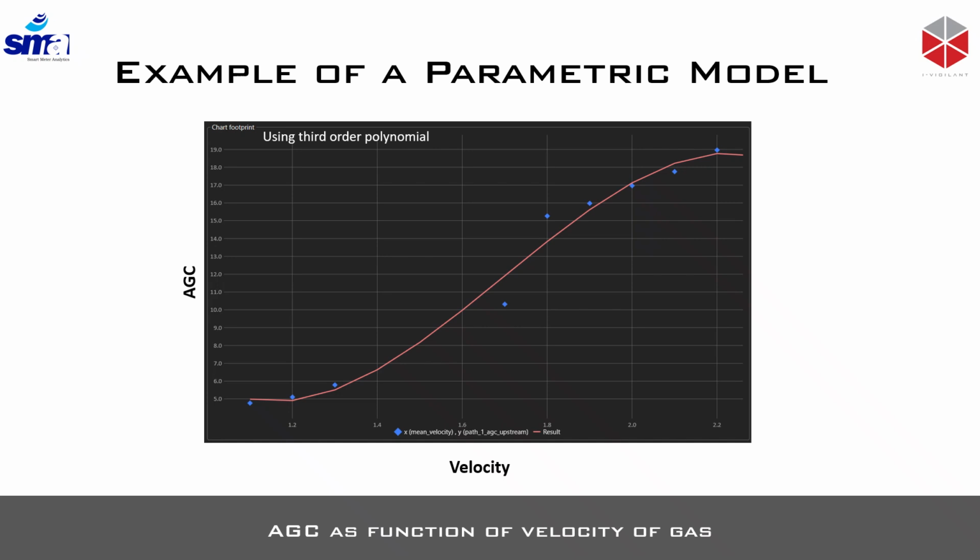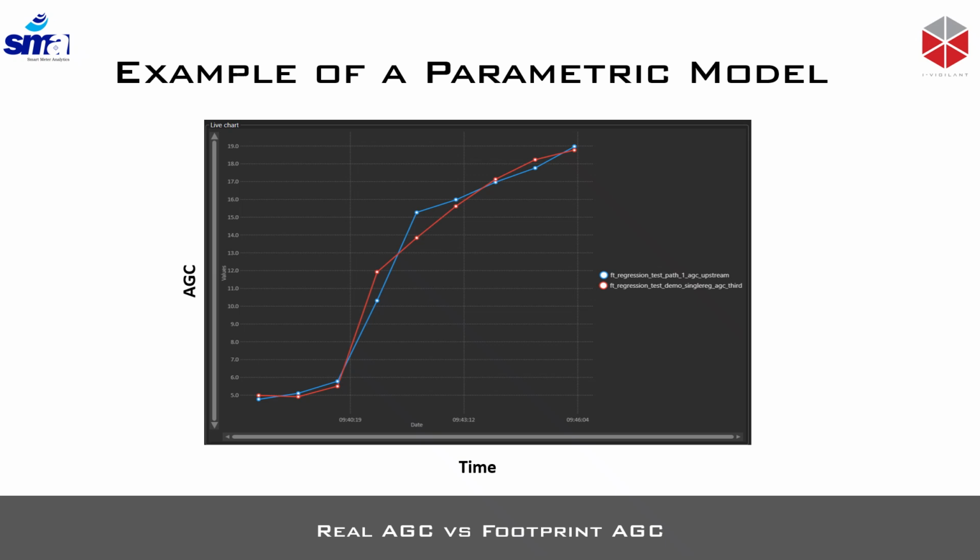So the estimation of the result is following roughly where it should be, but it's not exactly the same. So this is the result of the AGC model using a single parameter footprint, which is the velocity, and you can see that it doesn't really follow the line in this chart.